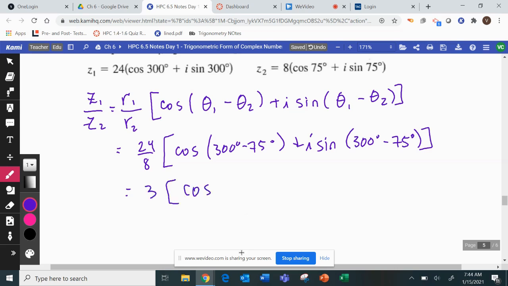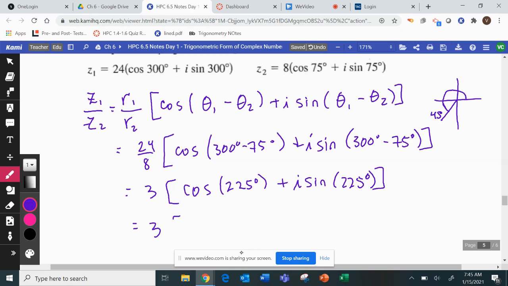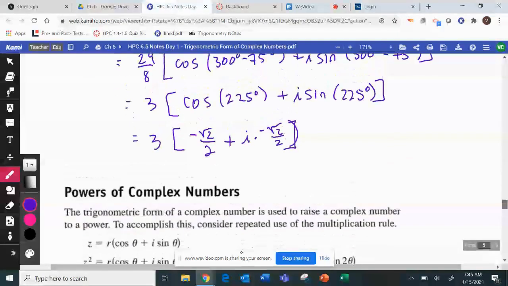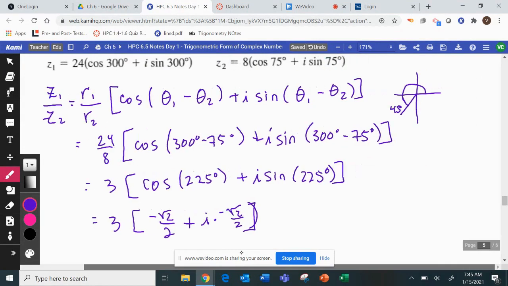So then I've got cosine of 225 plus I sine 225. So 225 is in this quadrant. It's a 45-degree reference angle. So that would be negative square root 2 over 2 plus I times negative square root 2 over 2. So multiply that out.